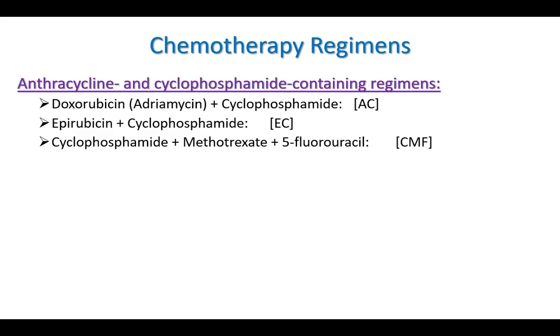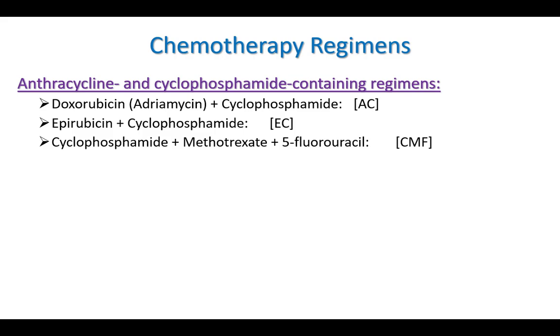There are different chemotherapy agents which can be used, and there are different regimens. They are always used in combination. There are anthracycline and cyclophosphamide containing regimens, such as doxorubicin. Many of these drugs are well known by their brand names, so you see short forms using the initials of the brand names.